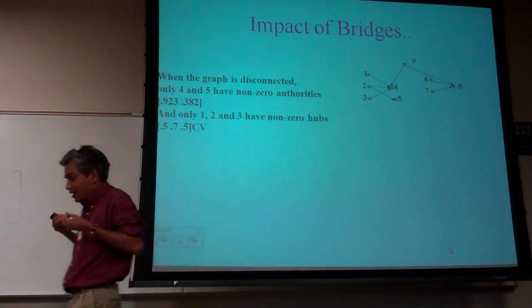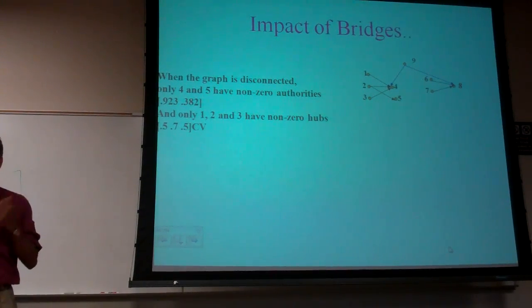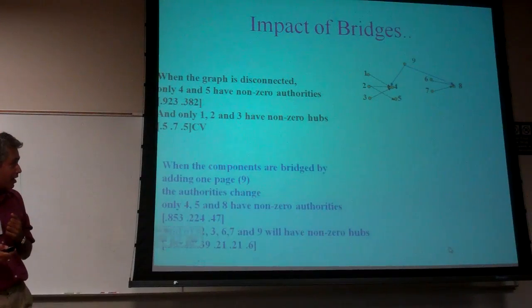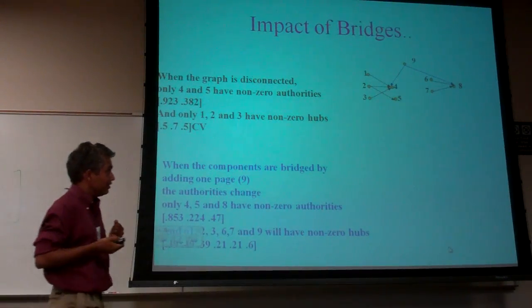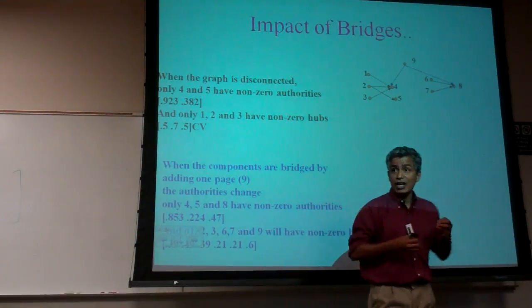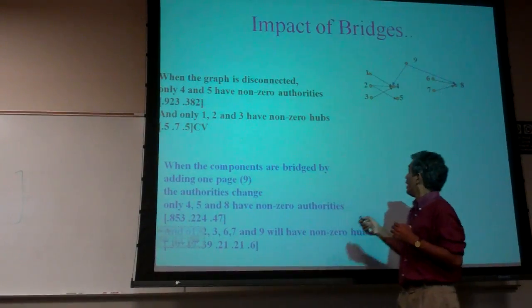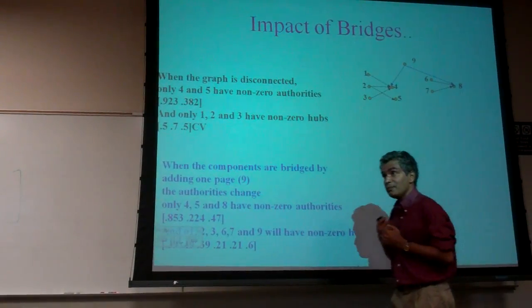So pretty much with a high chance this could have happened overnight. And the next day morning, if you were to run authorities hubs, then all of a sudden, actually 4, 5, and 8 will all be authorities. Okay, and 1, 2, 3, and 6, 7 will all be hubs.